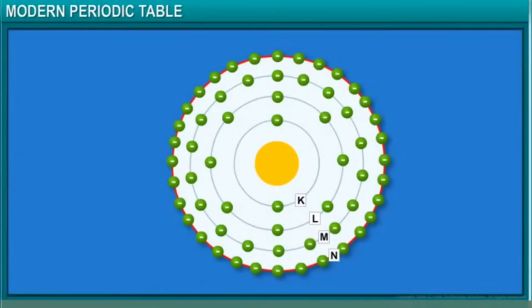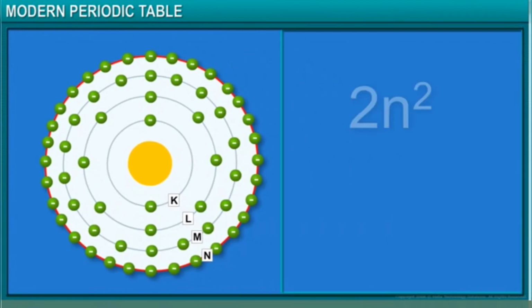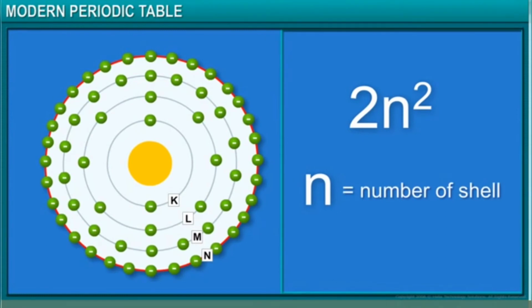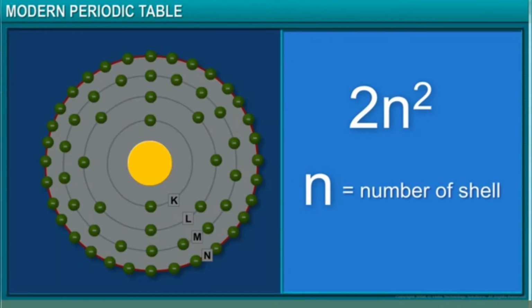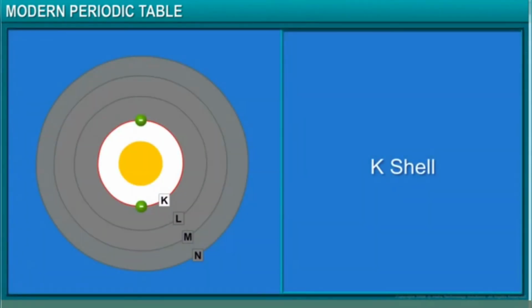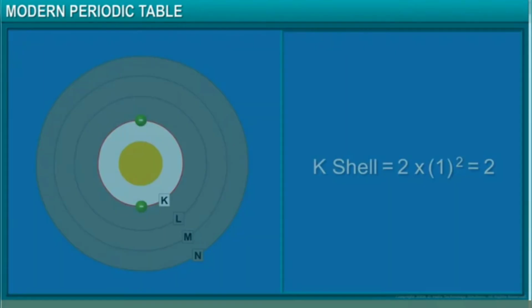We know that the maximum number of electrons that can be accommodated in a shell is given by 2n raised to the power of 2, where n is the number of the given shell from the nucleus. For example, K shell is equal to 2 multiplied by 1 raised to the power of 2, which is equal to 2.